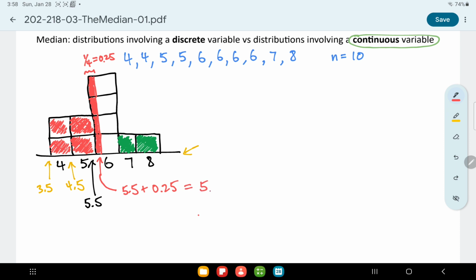We get 5.75. Therefore, in this situation, 5.75 is the median. So what I've described so far is the procedure for figuring out the median of a distribution that represents a continuous variable.